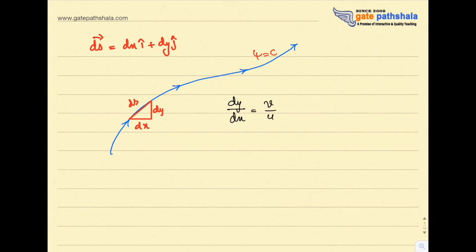This is the slope. If I mark this angle as theta, tan theta equals to dy by dx is equals to v by u.